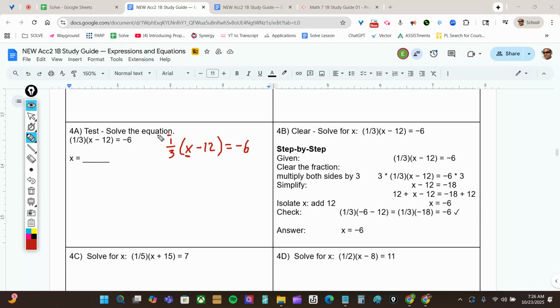There's more than one way to do it, but I'm going to show you one way. First, the opposite of times 1/3 is to multiply both sides by the reciprocal, which would be 3/1, the same thing as multiplying by 3.